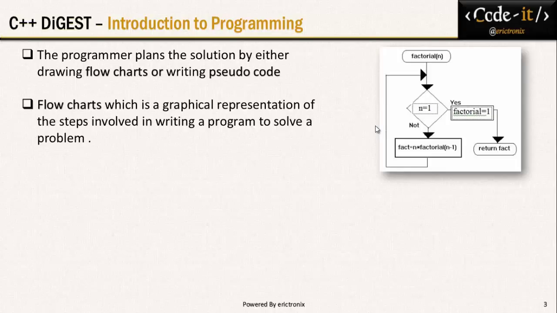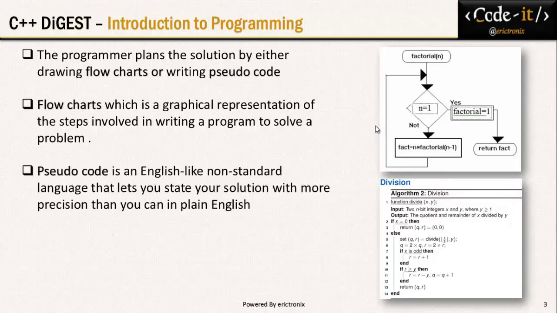However, you can check online for in-depth tutorials on it. Pseudocode is an English-like non-standard language that lets you state your solution with more precision than you can in plain language. Whether a flowchart or pseudocode, the decision depends on you. I prefer pseudocodes to flowcharts.